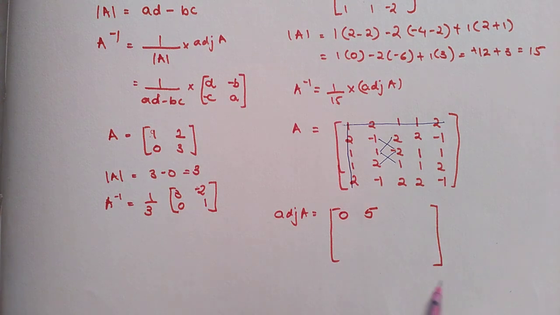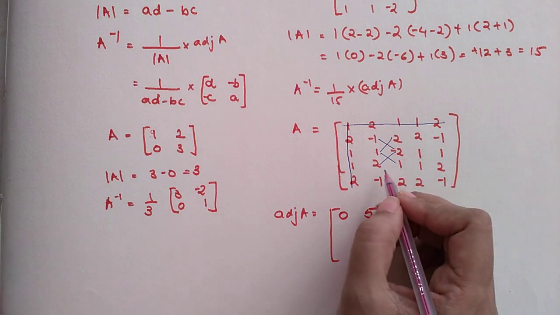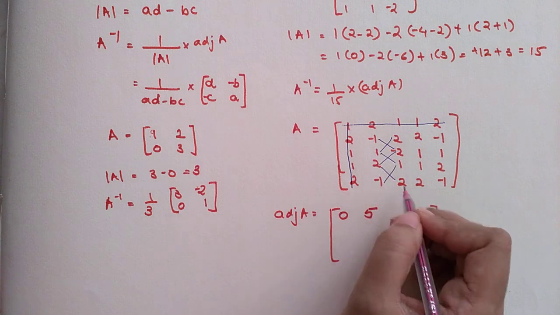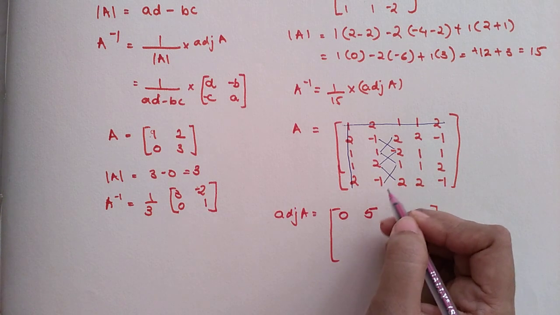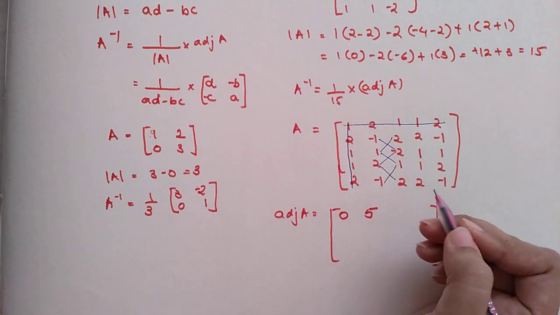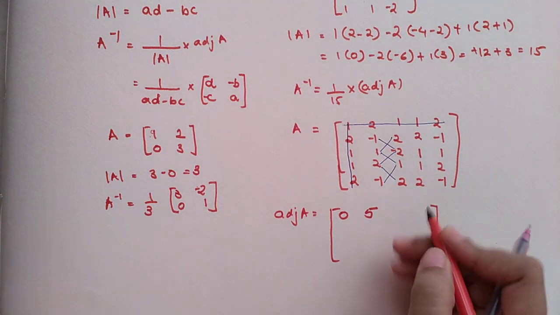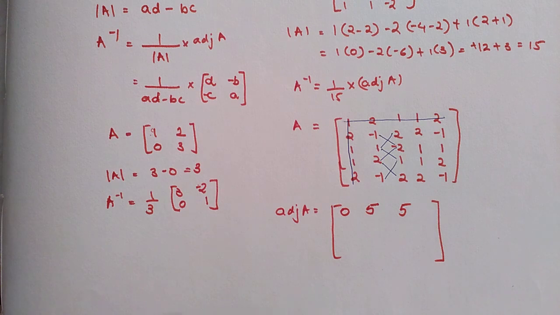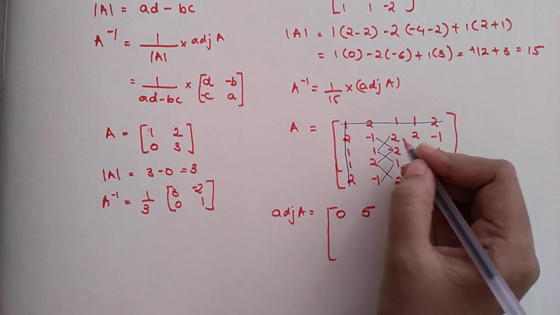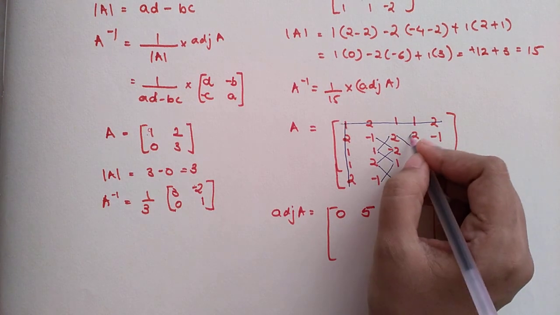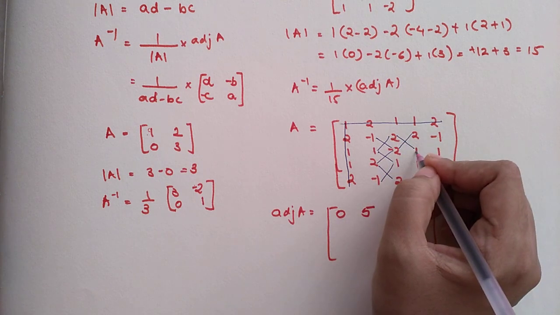Now another operation happens between these four. So 2 into 2 is 4. Minus of minus 1, so that becomes plus 1. So 4 plus 1 is nothing but 5. Now we will do the operation here. So 2 into 1 is 2.